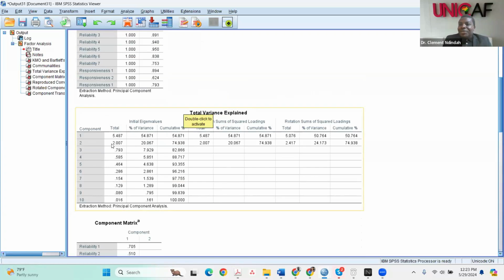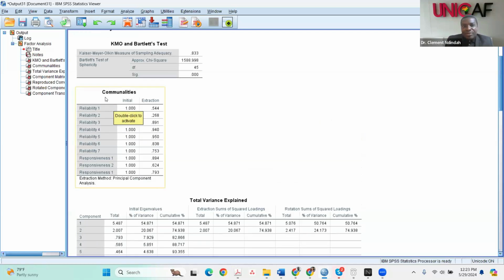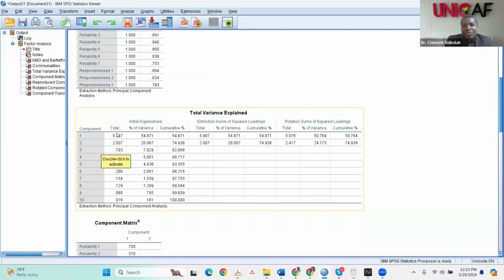The eigenvalue permits us to identify the different factors that explain these variables and how we can group them. So what this is telling us is that we can group all these 10 variables into 2 groups, because only these 2 have eigenvalues greater than 1.